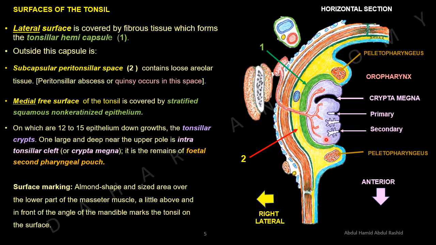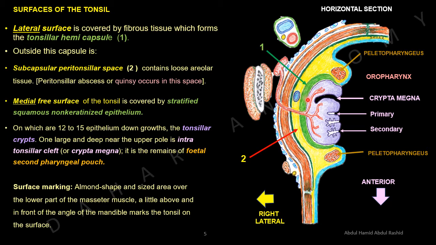The tonsil has two surfaces, as we mentioned earlier, lateral surface and medial surface. The lateral surface is covered by fibrous tissue which forms the tonsillar hemicapsule, number 1.